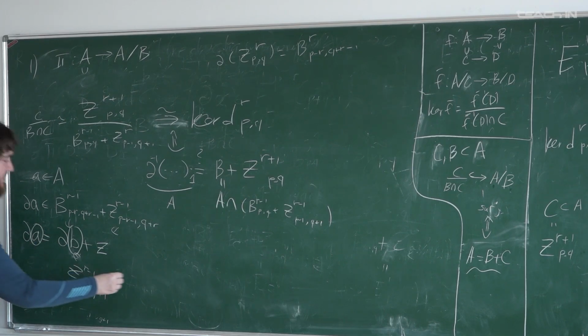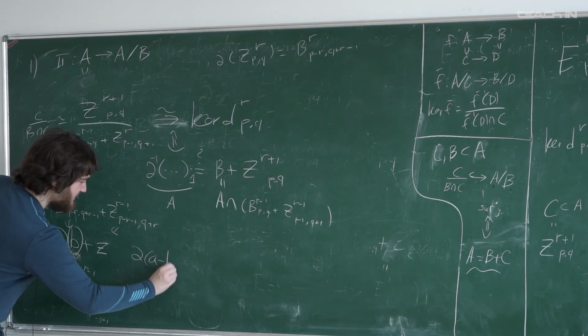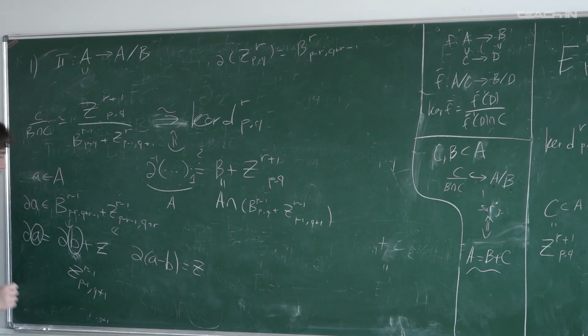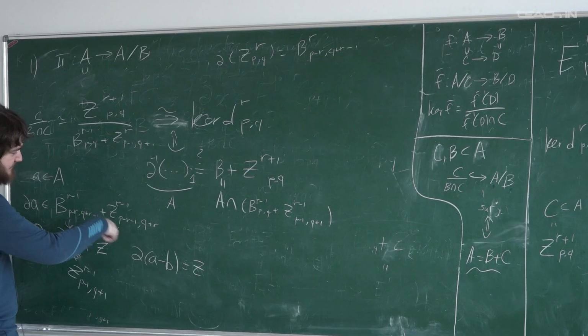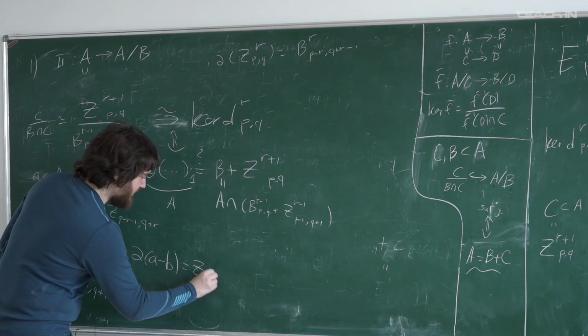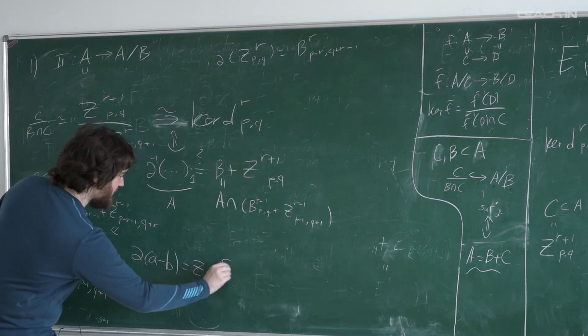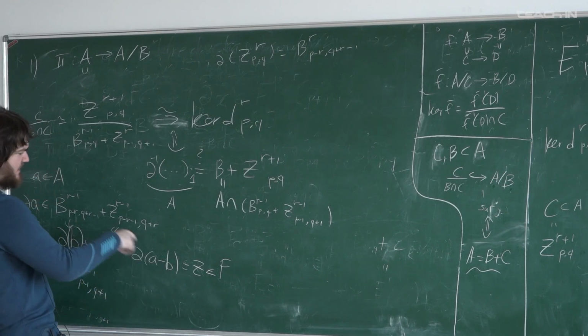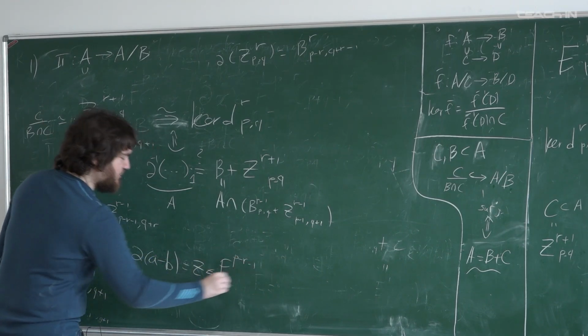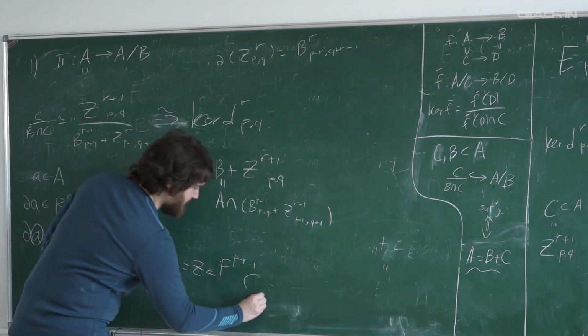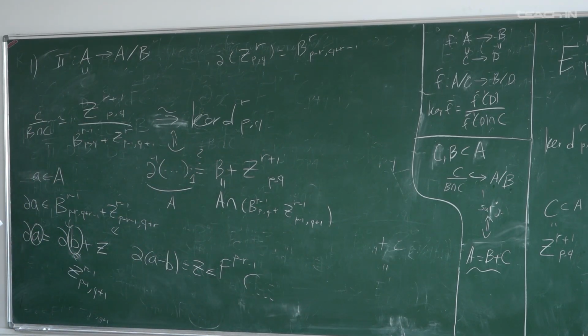This means that d of (A minus B) is z. And z lies in this part, but it's only important that it lies in the P minus R minus 1 filtration of something. And where do A and B lie?